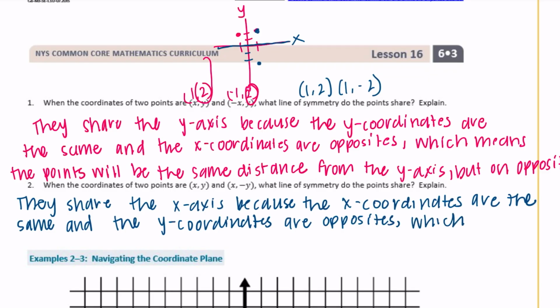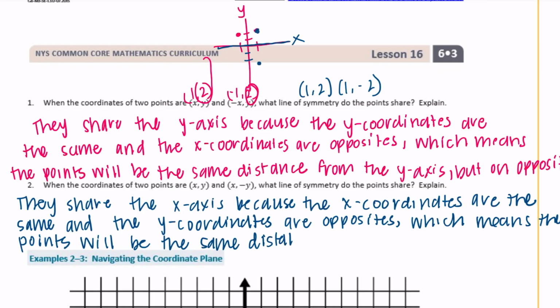Which means the points will be the same distance from the x-axis, but on opposite sides.